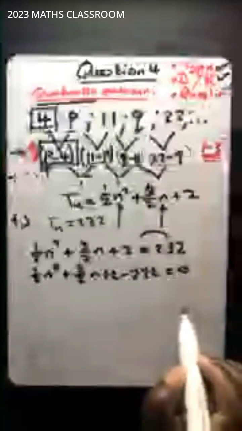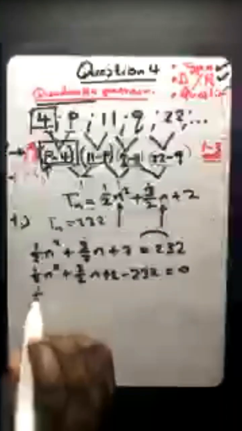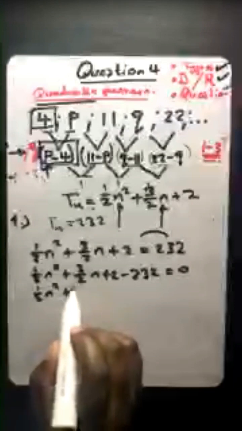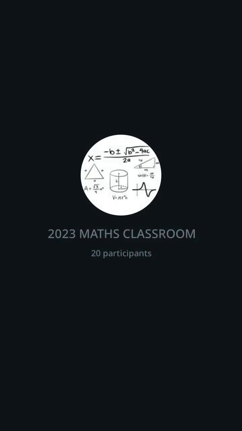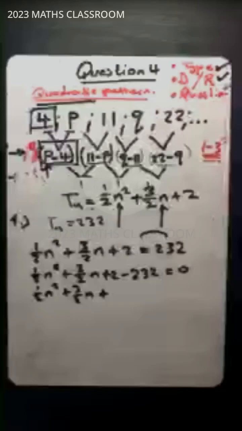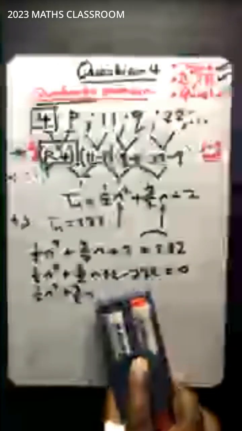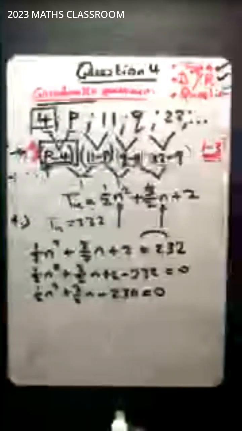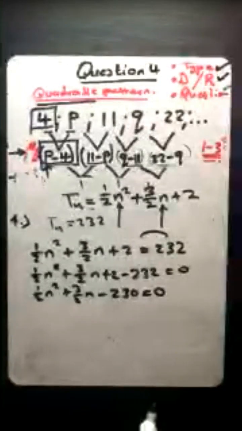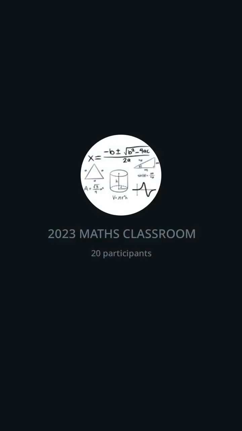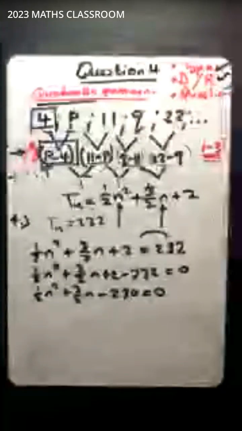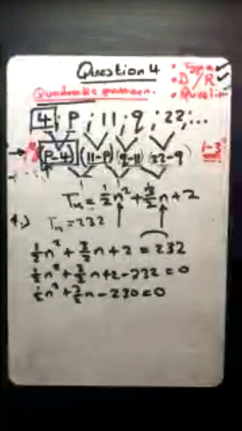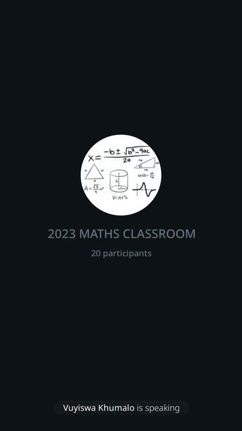Then you are having half n squared, and the 3 over 2n, it's not even a plus, it's going to be a minus, because when you punch it on the calculator, it gives you that. So this is what you can now factorize.